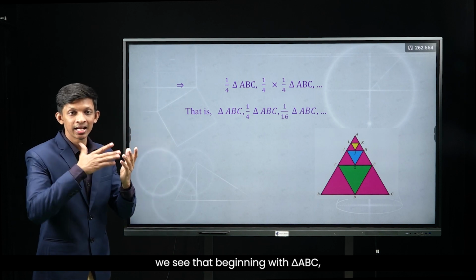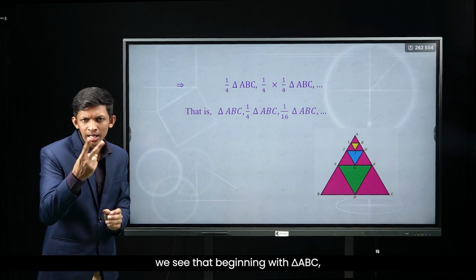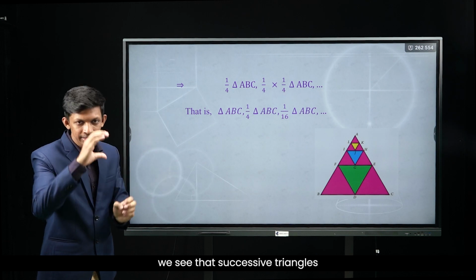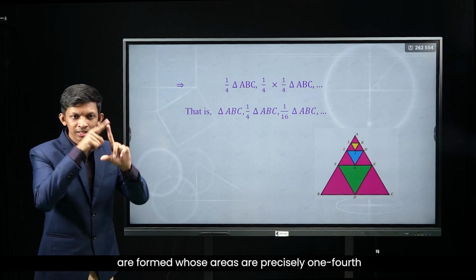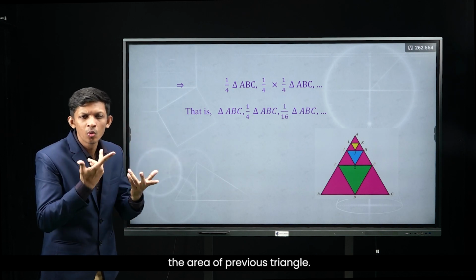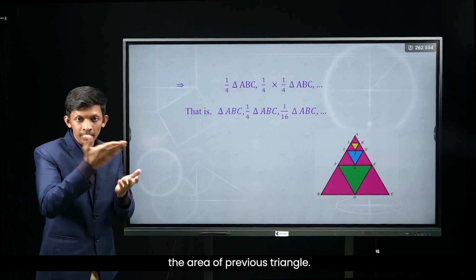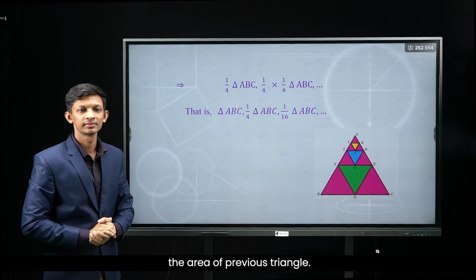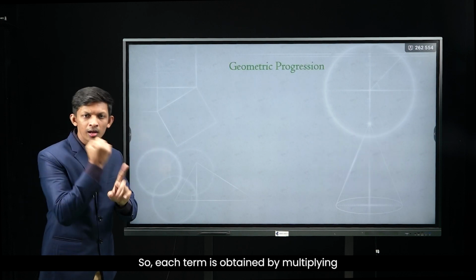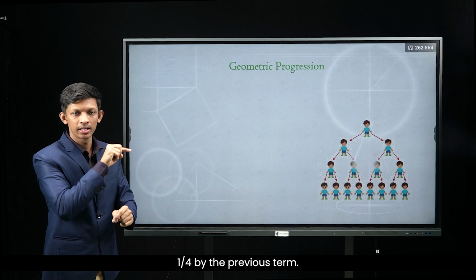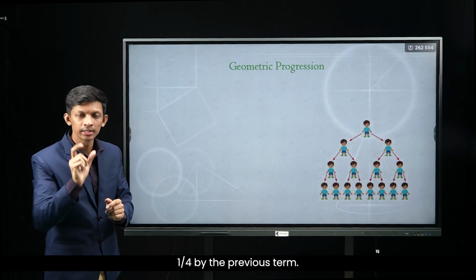In this case, we see that beginning with triangle ABC, successive triangles are formed whose areas are precisely 1/4 the area of the previous triangle. So, each term is obtained by multiplying 1/4 by the previous term.